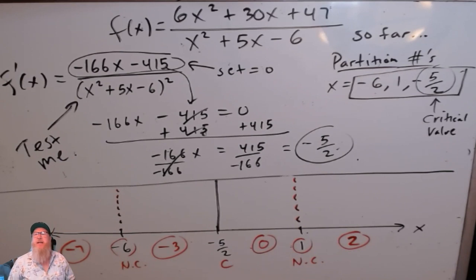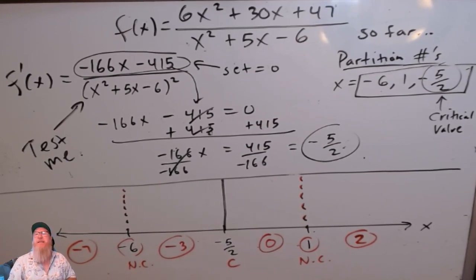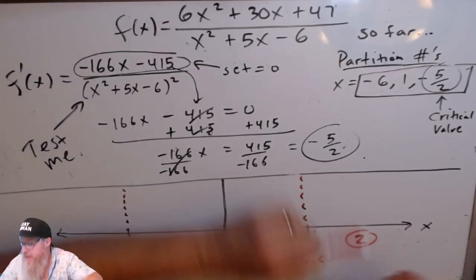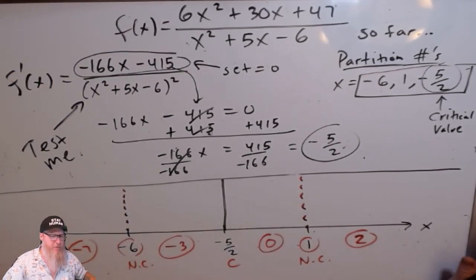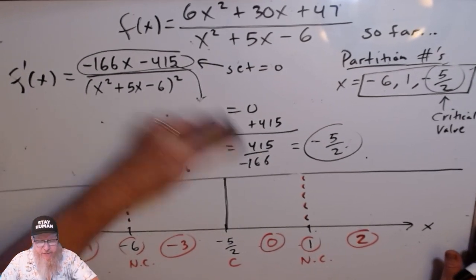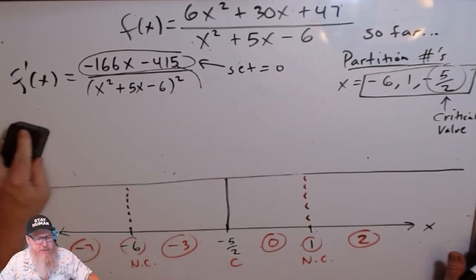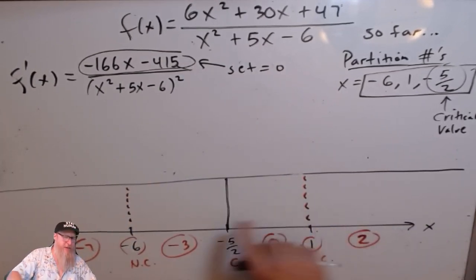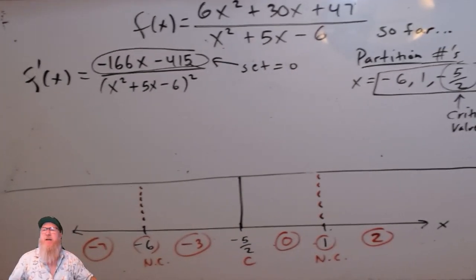Again, you get to pick any numbers that you like, as long as they're in the appropriate bin. All right, this is going to be a lot of work. So let me make some space right here for testing. Let's start with negative 7.